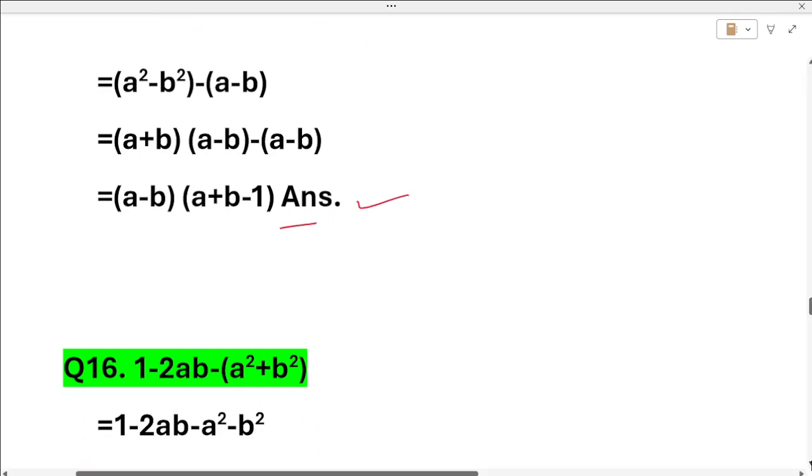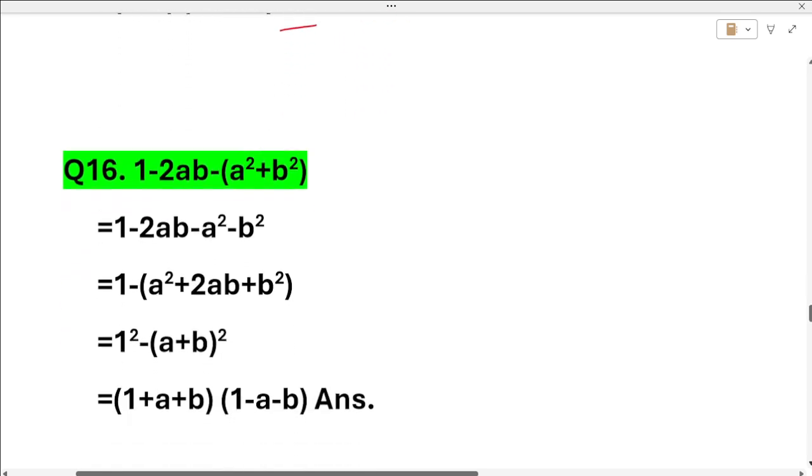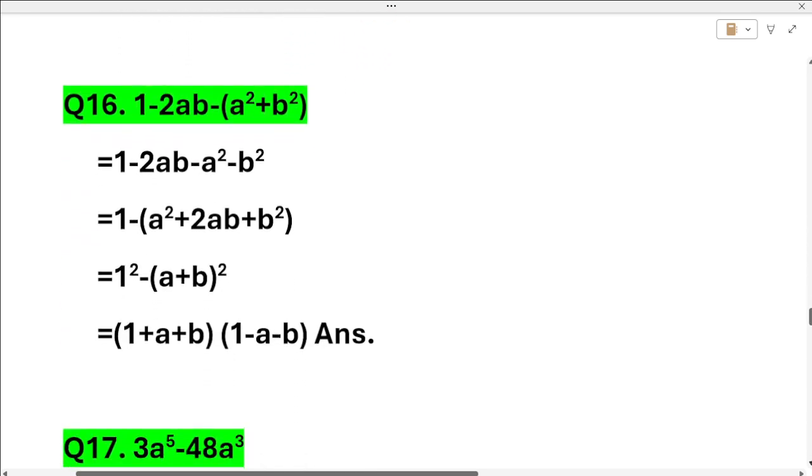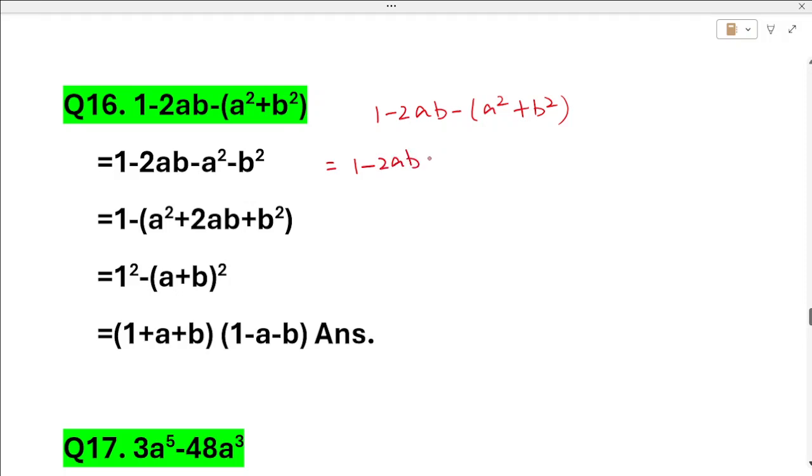Now see question number 16 visible on your screen. It is 1 minus 2ab minus a square plus b square. Correct. So what will we do? Just open the bracket first and nothing else. Minus 2ab, if you open the bracket it will become minus a square minus b square.